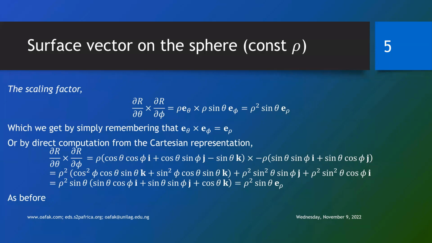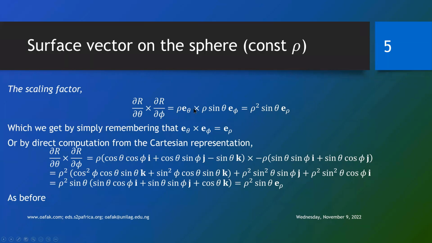You know that when you differentiate the position vector with respect to the two parameters on the surface, you are going to get the vectors on the surface. And when you take the cross product of those vectors, you are going to get a vector perpendicular to the surface, which is obvious because E rho is perpendicular to the surface of the sphere. But there is this scaling factor that you are looking for.